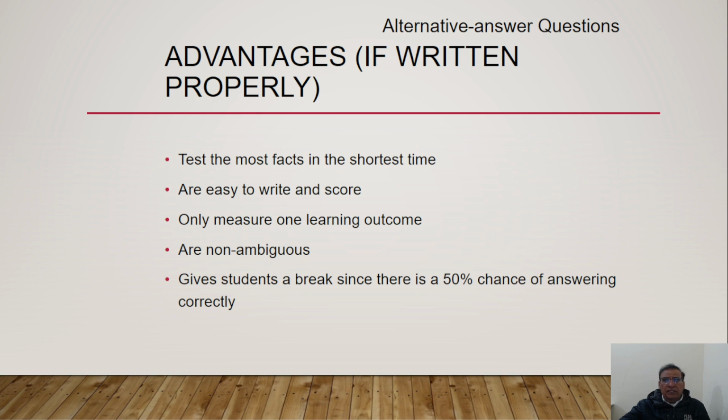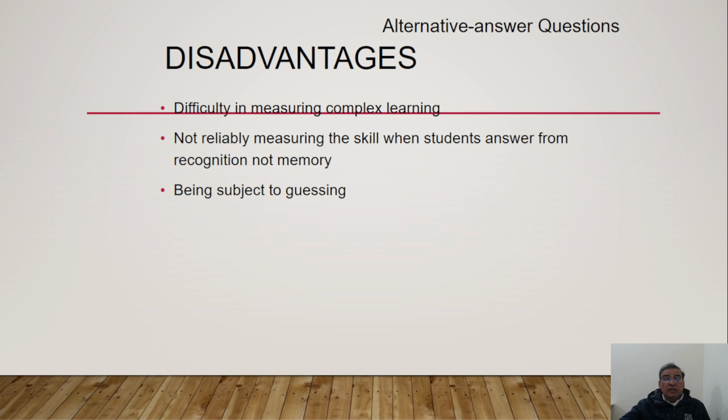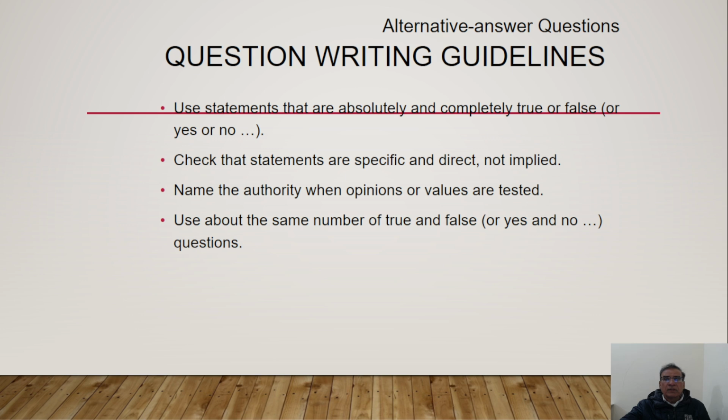They give students a break since there is a 50% chance of answering the question correctly. Its disadvantages are difficulty in testing complex learning, not reliably measuring skill when students answer from recognition, not memory, and being subject to guessing. Question writing guidelines: use statements that are absolutely and completely true or false, yes or no. Check the statement to be specific and direct.